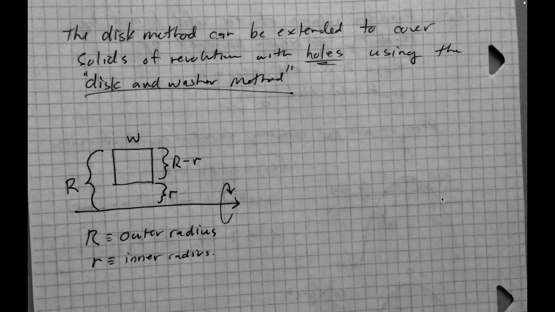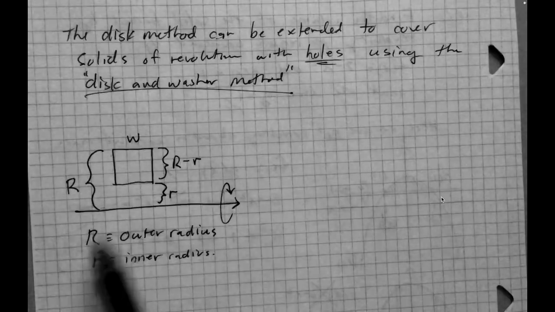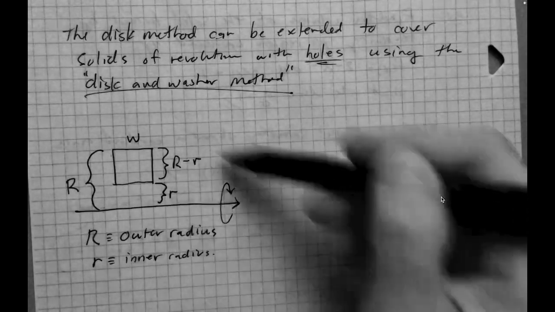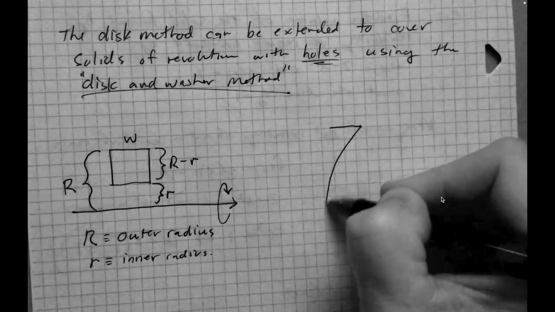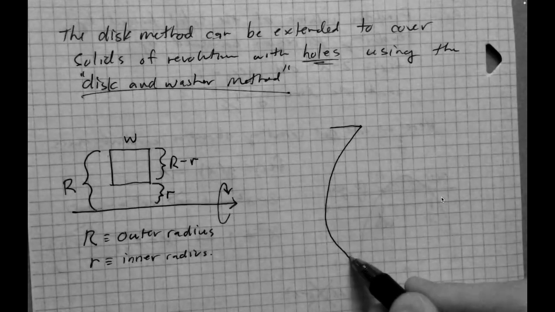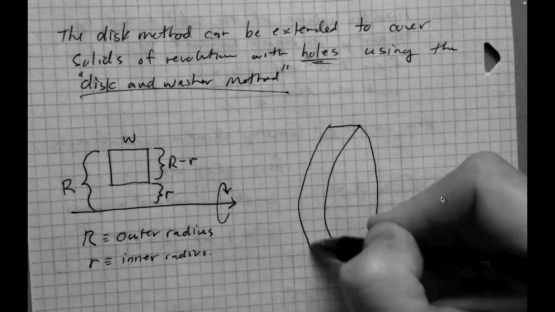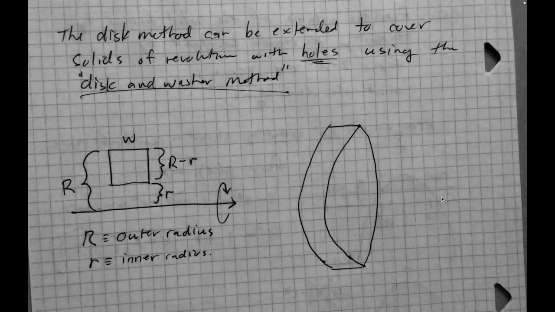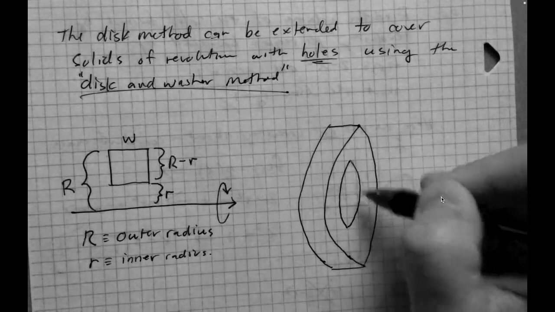Now what's going to happen if I were to spin this rectangle around the x-axis, if I were to start rotating this whole construction? Well, what you'd end up with is something that looks similar to this, not exactly like this necessarily. Right, so you'd have the disk just like before, but then you'd also have a cutout here in the middle, wouldn't you?